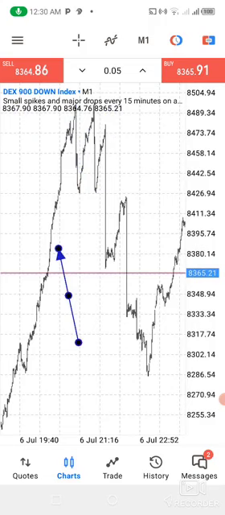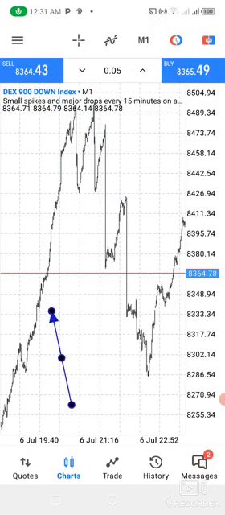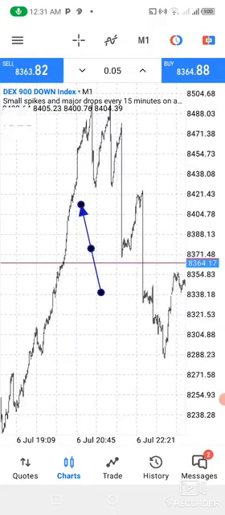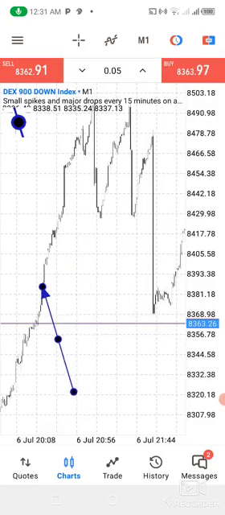So if you have your watch, be looking at it every 15 minutes, come back to the chart and see if these properties keep reoccurring. What are the properties? Small spikes and major drops. So what is a spike? A spike means a rise in price, or bull event, or bull candles.